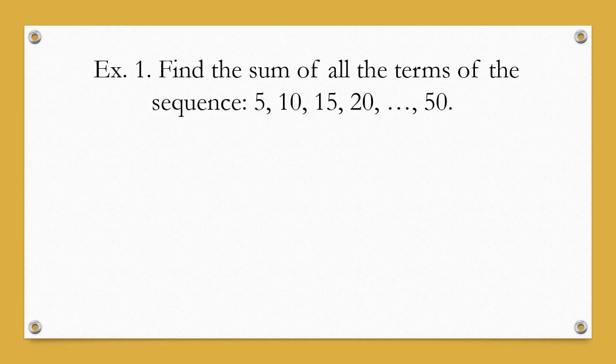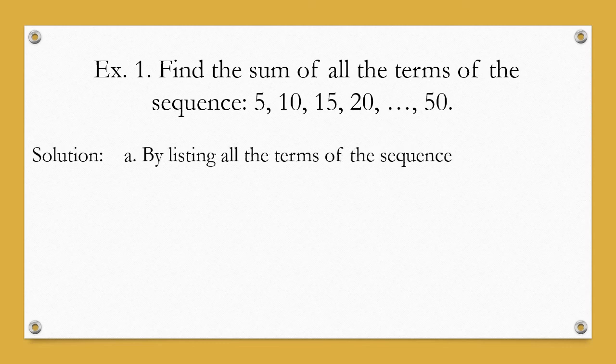Example number 1: find the sum of all the terms of the sequence 5, 10, 15, 20, and so on up to 50. By solution, you will be using listing all the terms of the sequence.